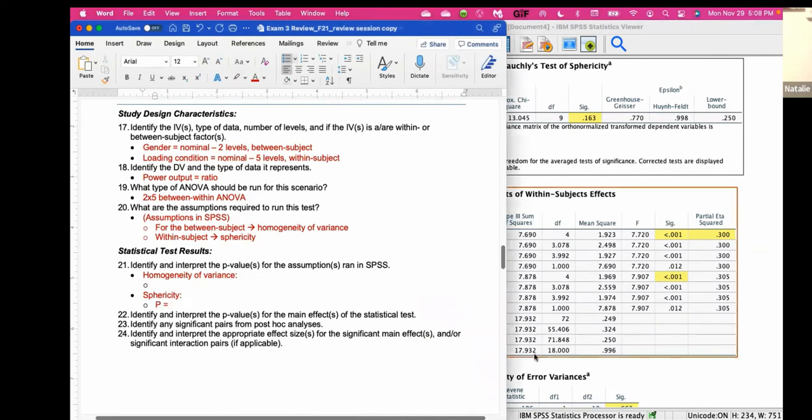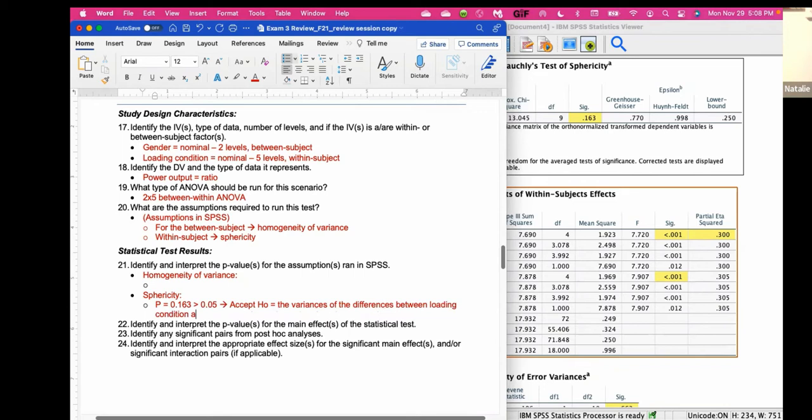So we would report that because this is greater than 0.05, we accept the null hypothesis and say that the variances of the differences between loading conditions are relatively equal.